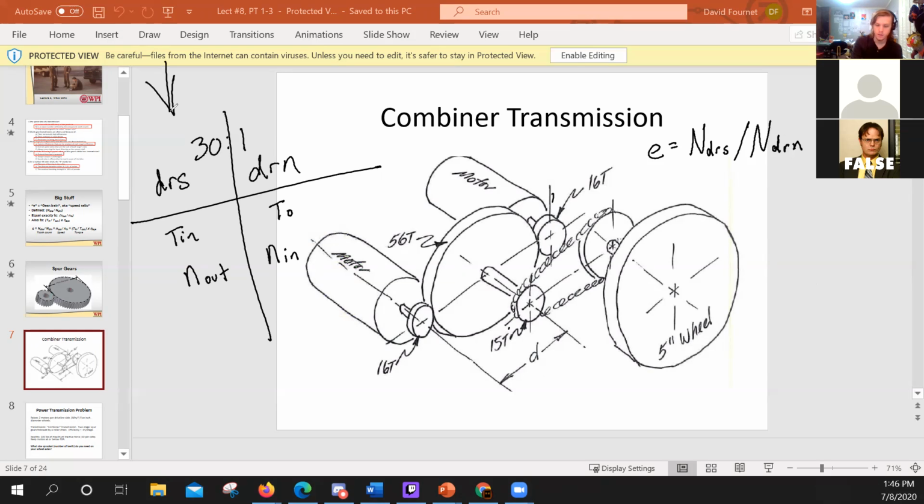I'm just going to throw out a number, let's say 100 RPM, right? Actually, I'll make this easier. Say 60 RPM, right? So that would equal our speed out.